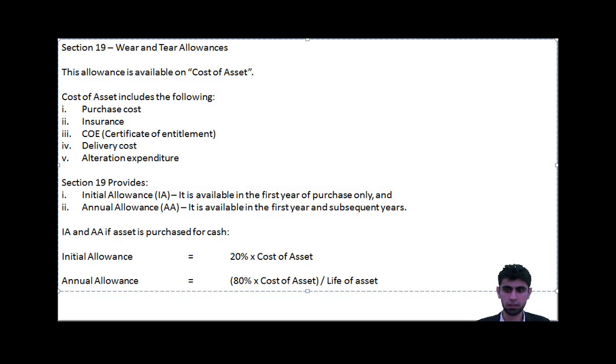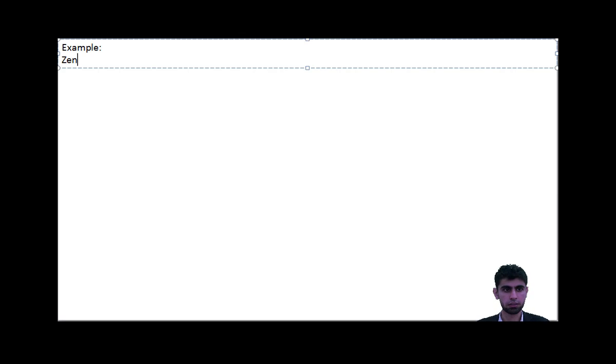So let's see how we can apply this in a given example. Zenith Limited prepares its accounts to 31st January annually.